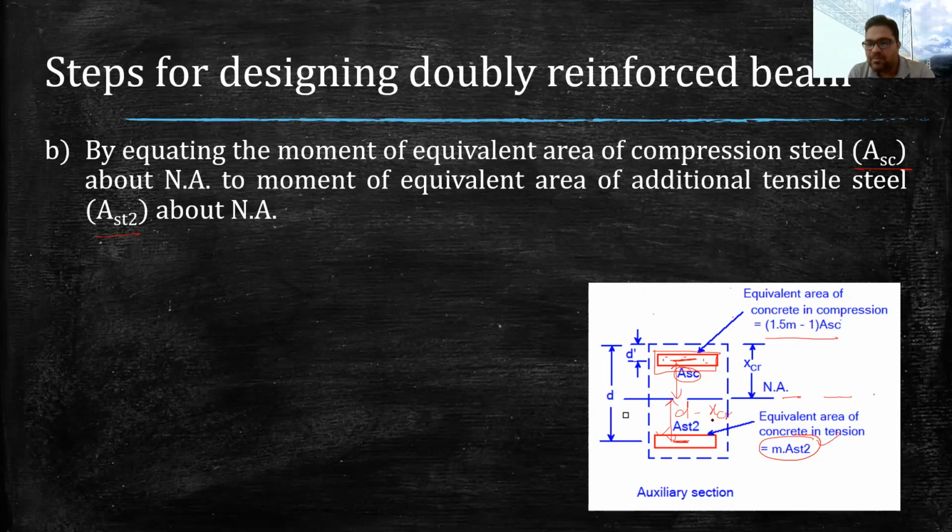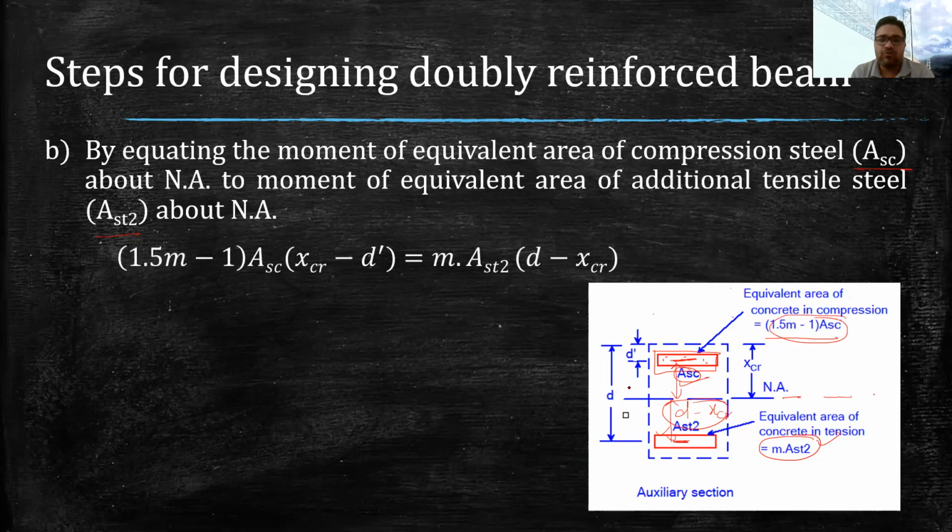So this area multiplied by this distance will be the moment of area for the tension steel. Similarly, this area multiplied by d minus d dash, which is this distance, will be the moment of area for the compression steel. So the same formula I have written here.